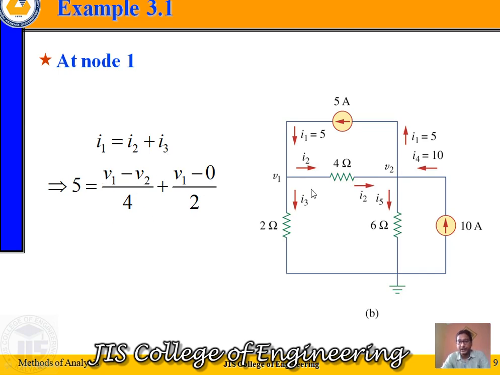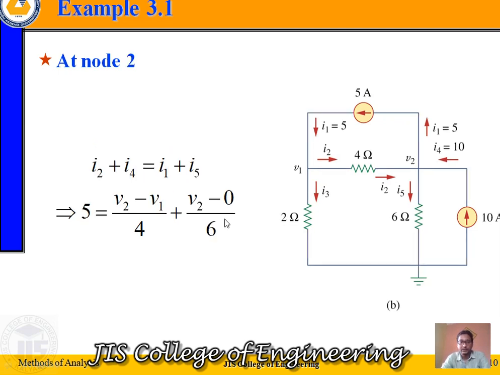Similarly, I3 current originates from this node 1 and goes to node 0, that is, going to the reference node. So we can say the I3 current originates from this V1 voltage and goes to the 0 voltage. So higher potential minus lower potential divided by the resistance. So we can say in place of this I3, V1 minus 0 divided by 2. That's written over here. Okay.